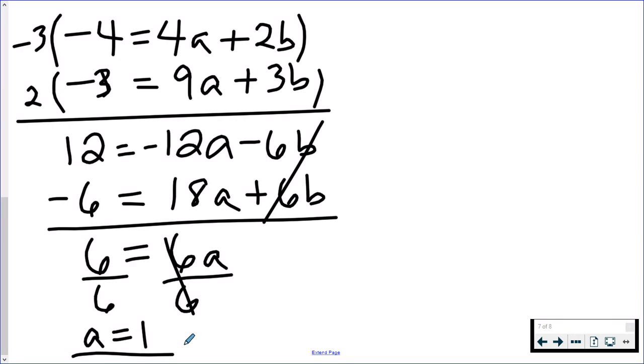So we have our c value of 5. We now have our a value of 1. The last step is to find b. You can use whichever equation you want to figure out b. I'm going to go ahead and use one of these two equations, either -4 equals 4a plus 2b or -3 equals 9a plus 3b. I'm going to plug in a equals 1 and solve for b. So I'm going to use that top equation with the -4.